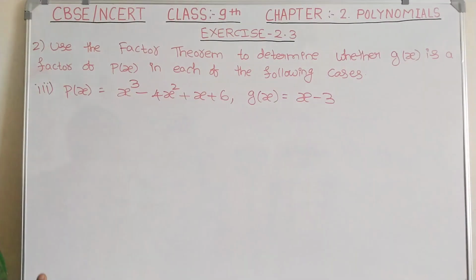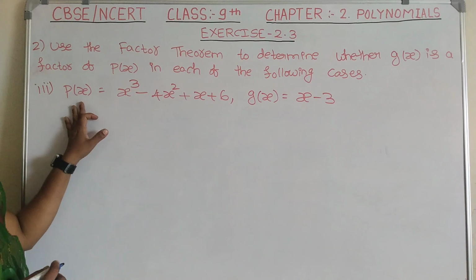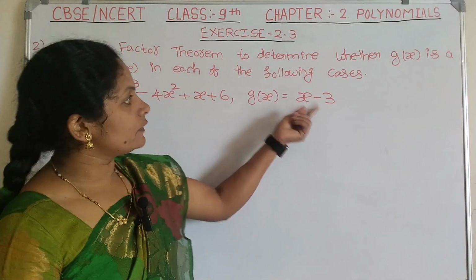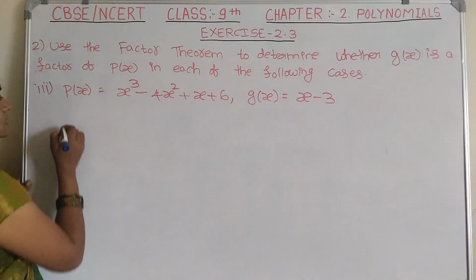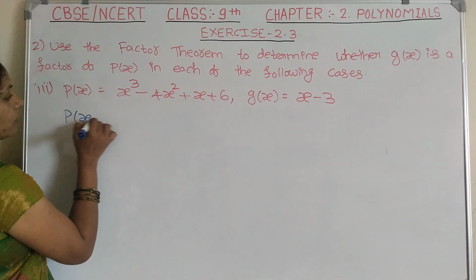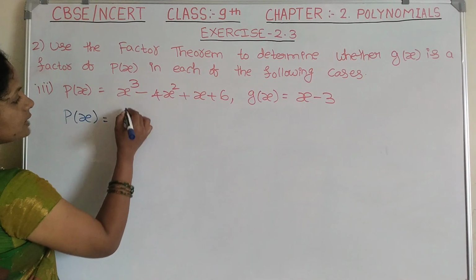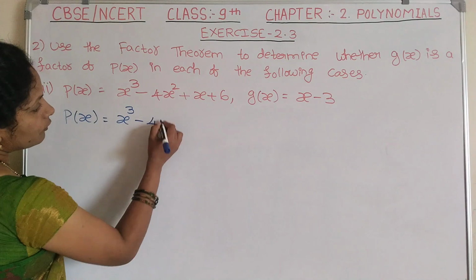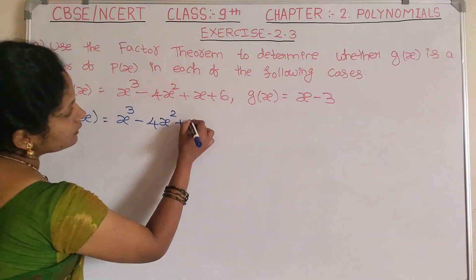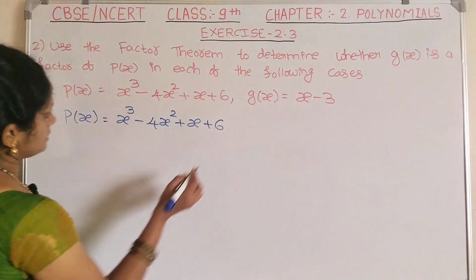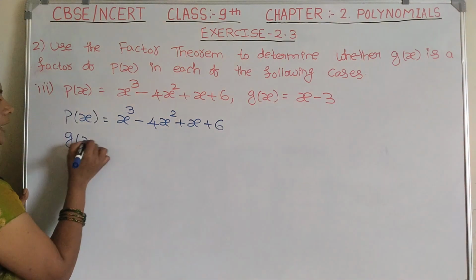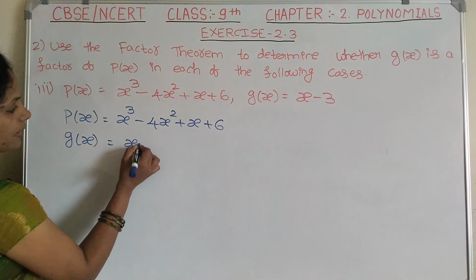The third bit is given as p of x is equal to this and g of x is equal to x minus 3. Let us write this. P of x equals x cube minus 4x square plus x plus 6 and g of x equals x minus 3.